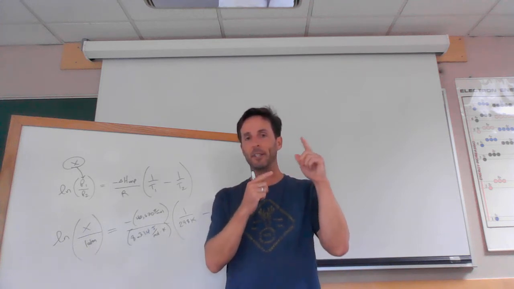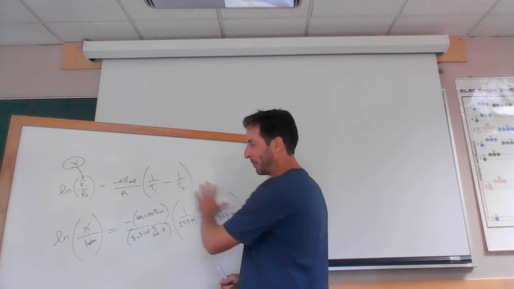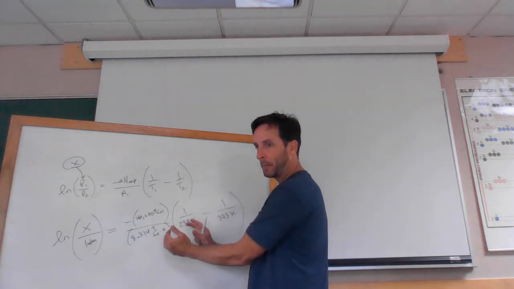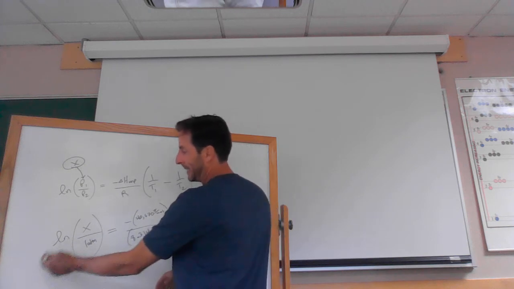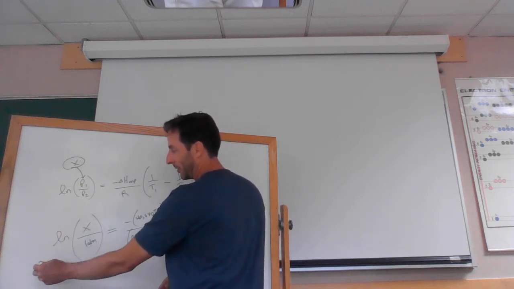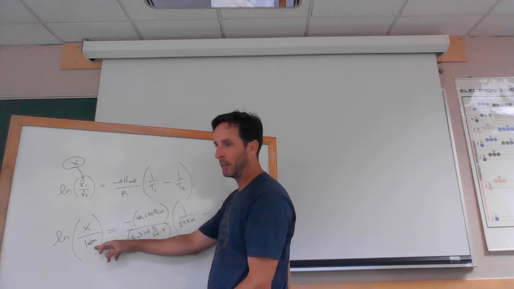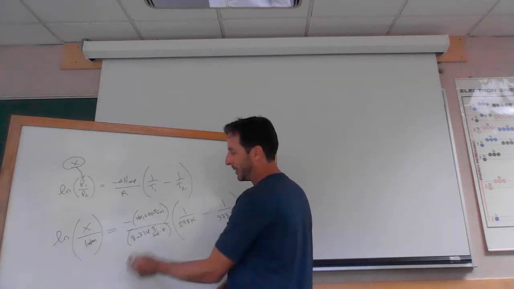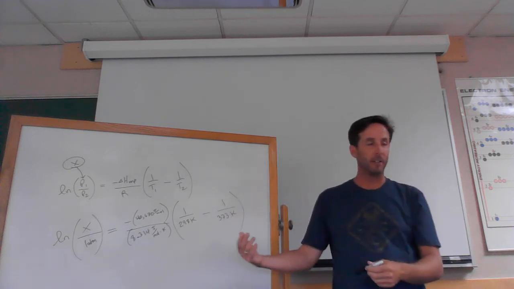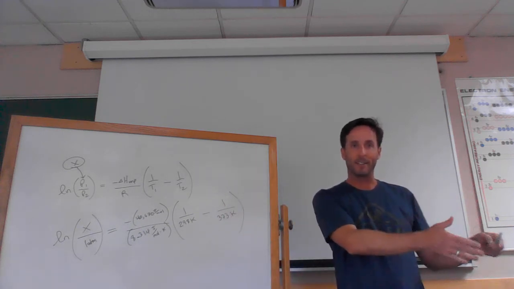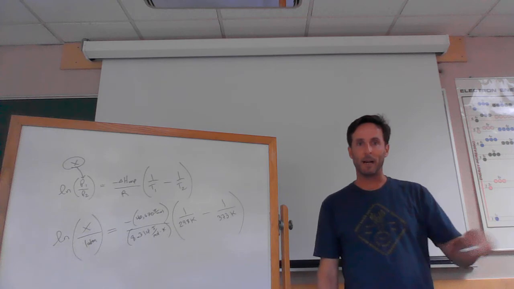Basically, that means they cancel each other out. So once I have simplified this side down to a single number, I'm going to do e to the x to both sides. Well, e to ln, they're going to cancel out. So I'm going to have x over 1 equals e to whatever number this is.